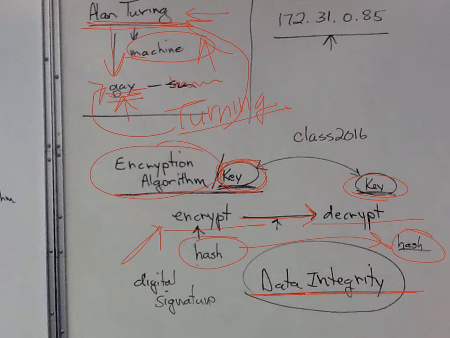You can take a message you're going to send, hash it, and then encrypt it and send it. When it gets to the other end, you can send over the hash, decrypt it, then hash the message and compare those two hashes. If they match, the data couldn't have been changed. It's impossible. If they don't match, then it was changed for sure.